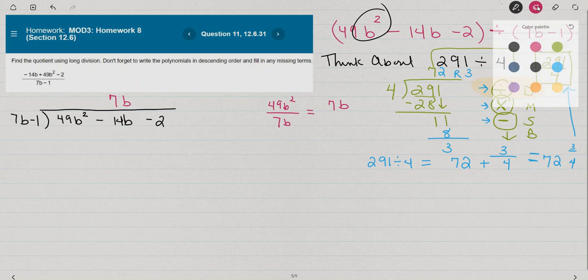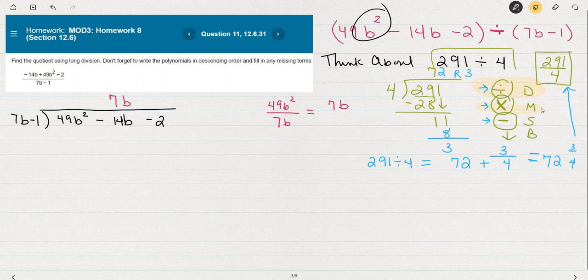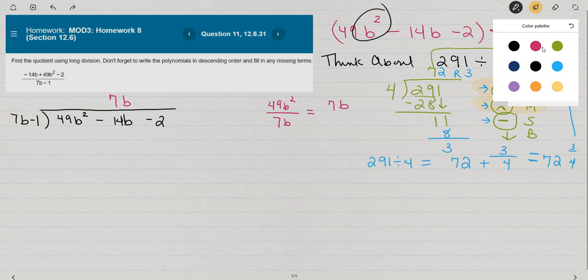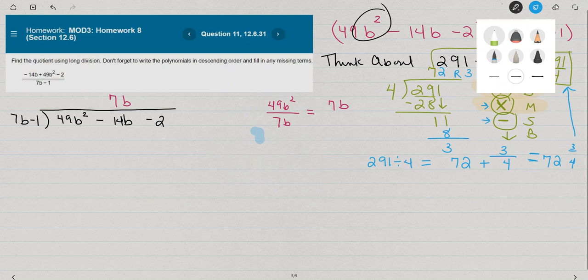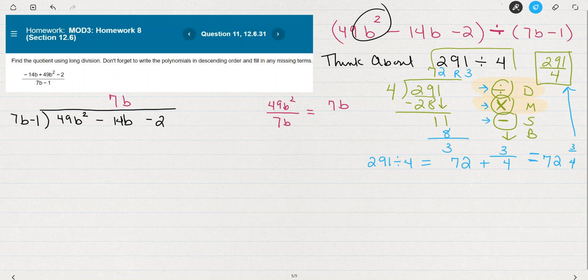Next, I'm ready to move to the next step, which, as you recall, was multiply. So I'm going to multiply this 7b times our divisor, 7b minus 1. When I do that multiplication, I could do that here off to the side. It's just going to be distributing. 7b times 7b minus 1.